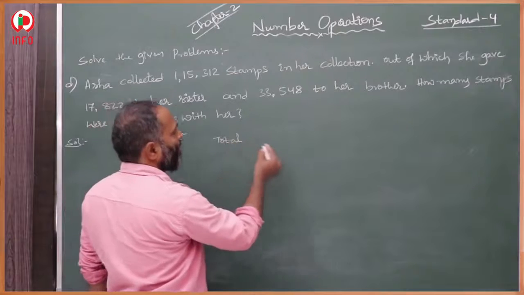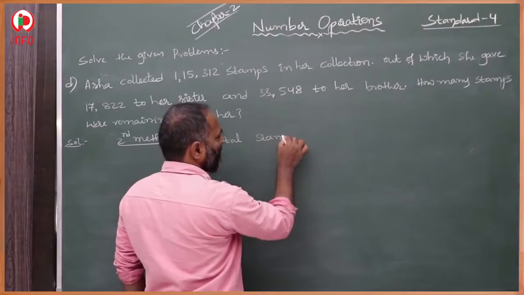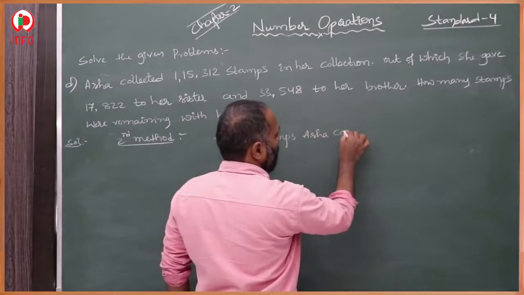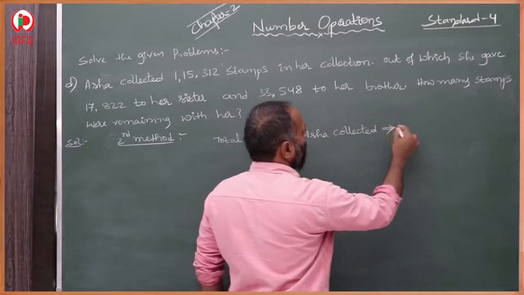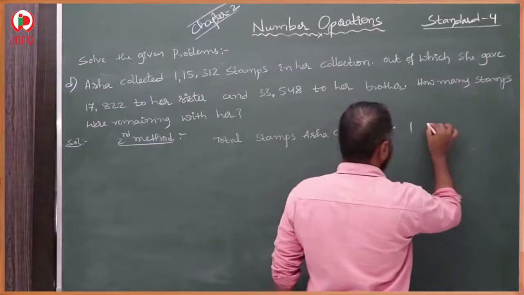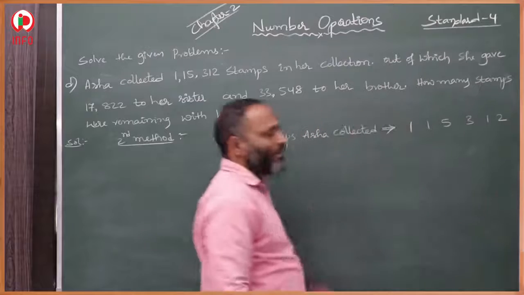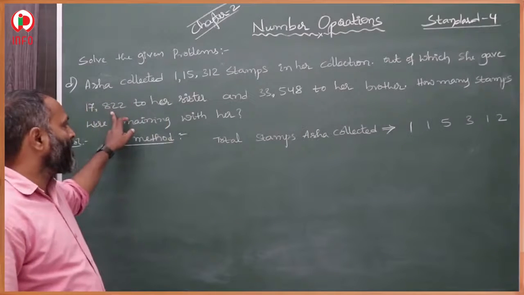Total stamps Asha collected. How many stamps she collected? 1,15,312. This many stamps she collected. Of these stamps, how many stamps she gave to her sister?